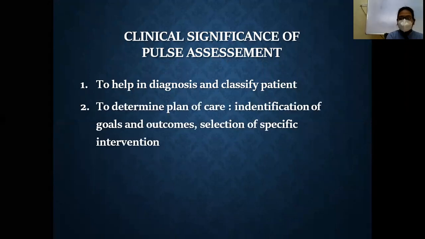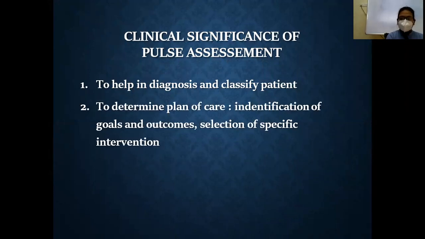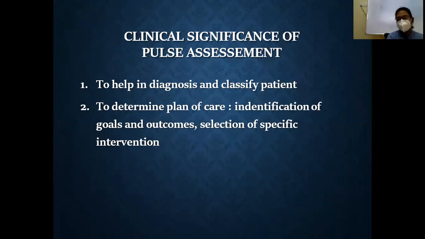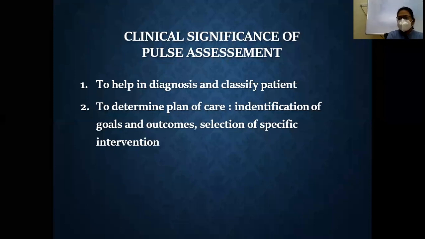Second, once the diagnosis is confirmed, we have to decide the plan of care. So we have to identify the goals and the outcomes. For example, if a patient has come with tachycardia, the goal is to get his heart rate to normal. Then we also have to identify the cause of tachycardia and accordingly decide the treatment for the patient.